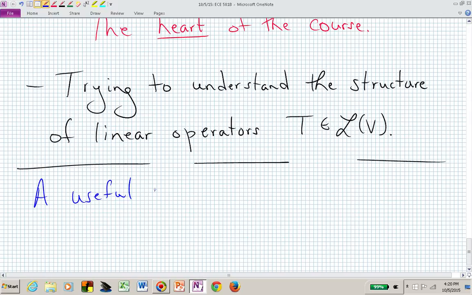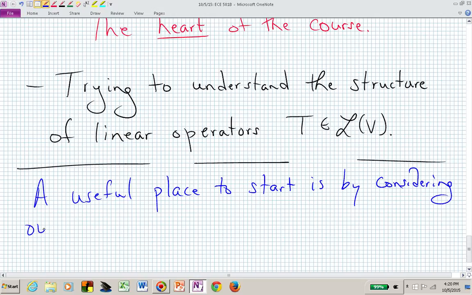A useful place to start is by considering our vector space as having a direct sum decomposition.